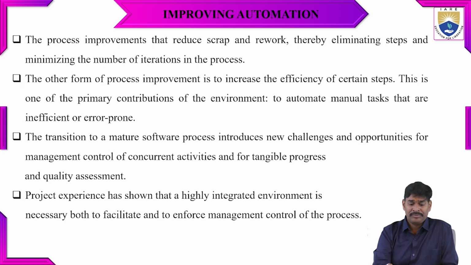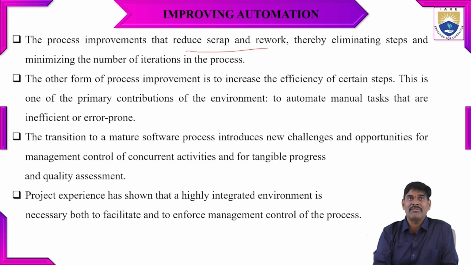And also we need to check that we reduce the scrap and rework. In automation, the process improvement will happen when you are reducing the scrap and the rework. We need to check that unnecessary data is minimized and eliminated, and whatever manual tasks there are, we need to upgrade to automated ones, and it will be a very efficient way also.